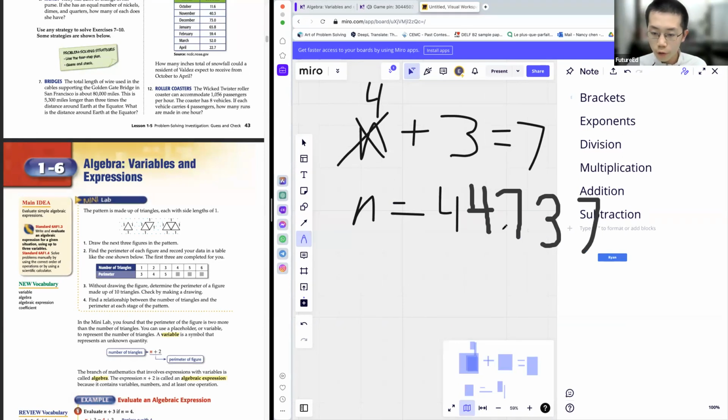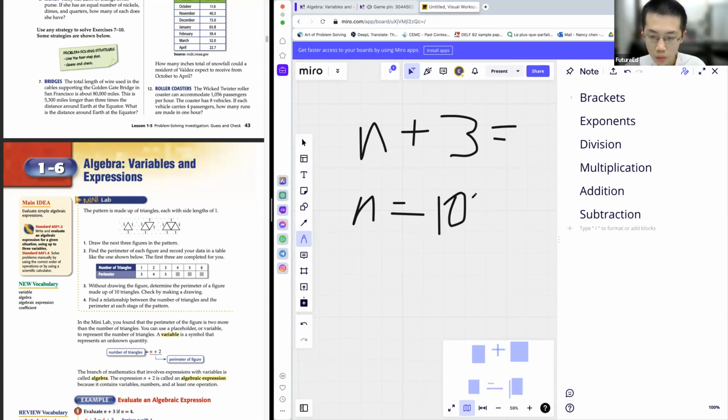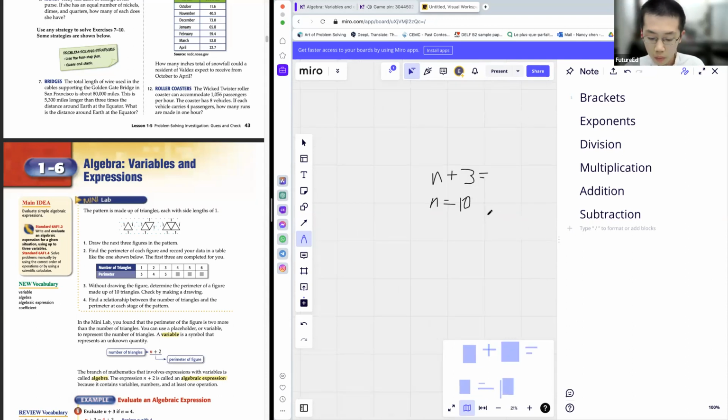So what if instead of 4, Ryan, can you stop scribbling on the screen, please? What if instead of 4, I threw in, let's say, 10? Can someone tell me what n plus 3 would be equal to? Ryan, or Jason. I'll let Jason take this one. 13. So why is it 13, Jason? Because n equals 10.